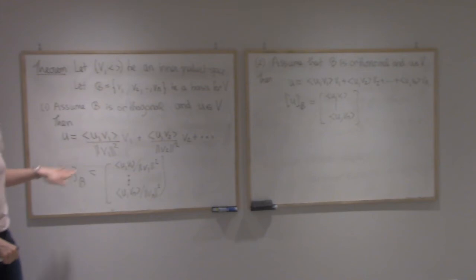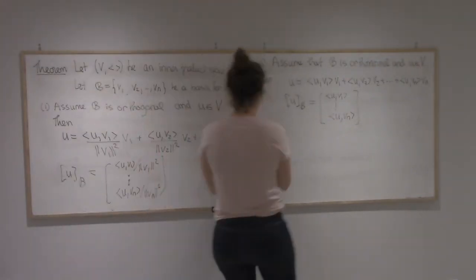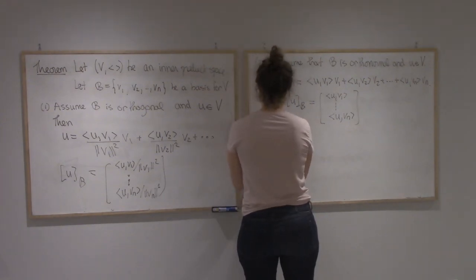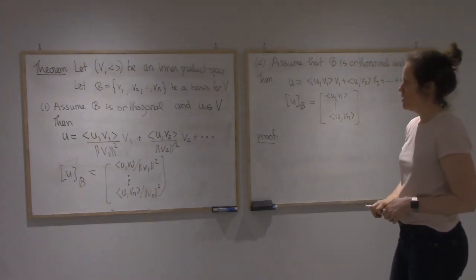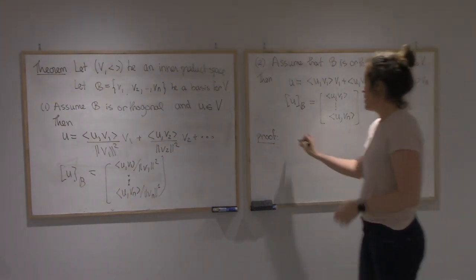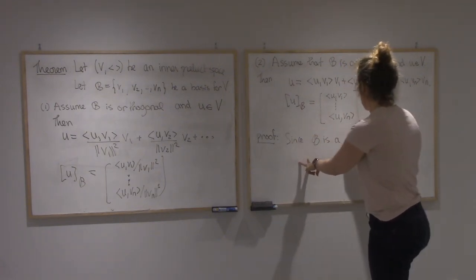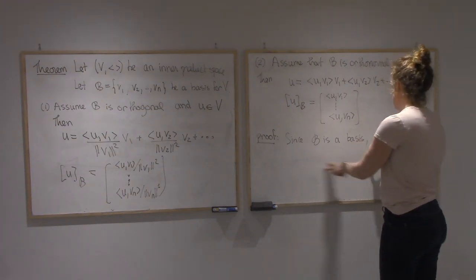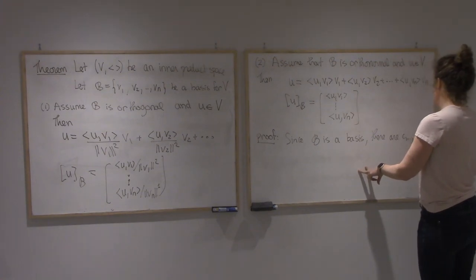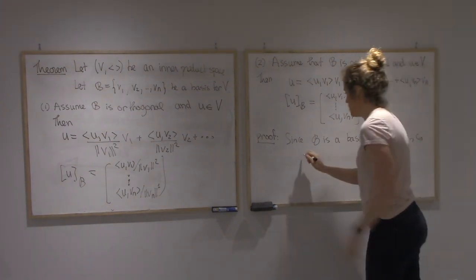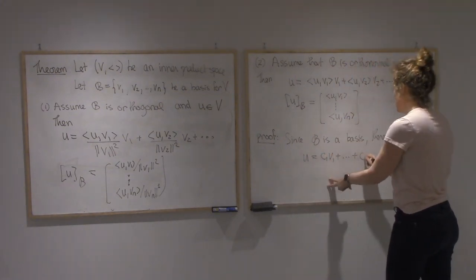So the second one follows from the first because the lengths are just 1, so I'm going to prove the first. So I know B is a basis, so there are C1 through Cn so that U is C1 V1 plus through Cn Vn.